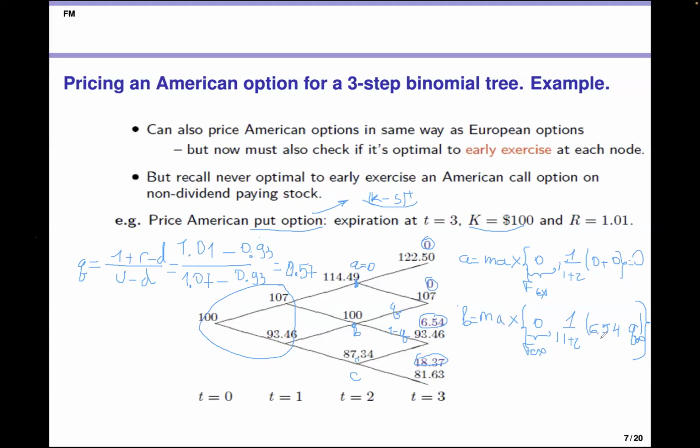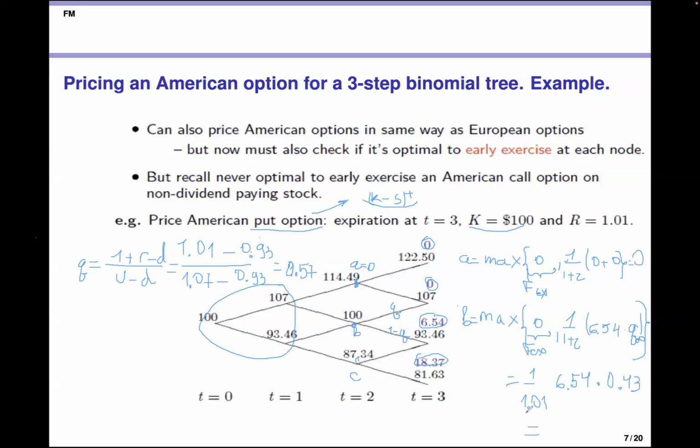So this we need, if we compute, it will be 1 divided by 1.01, and this 6.54 multiplied by QU, but QD it is 0.43. And what is the result?